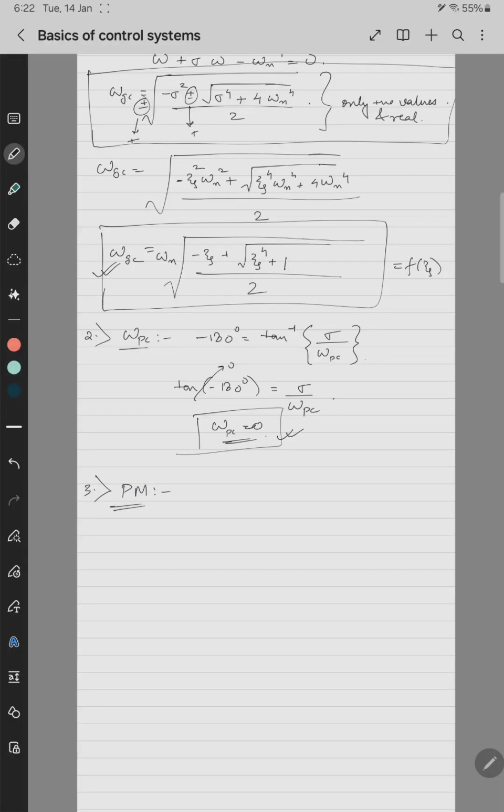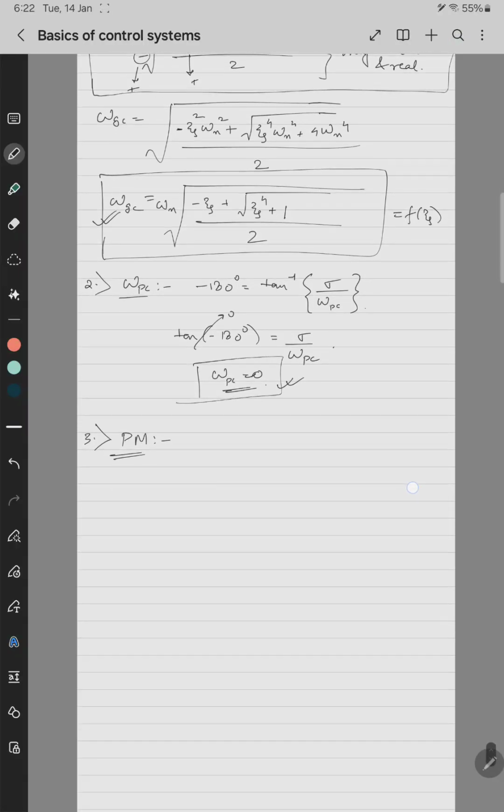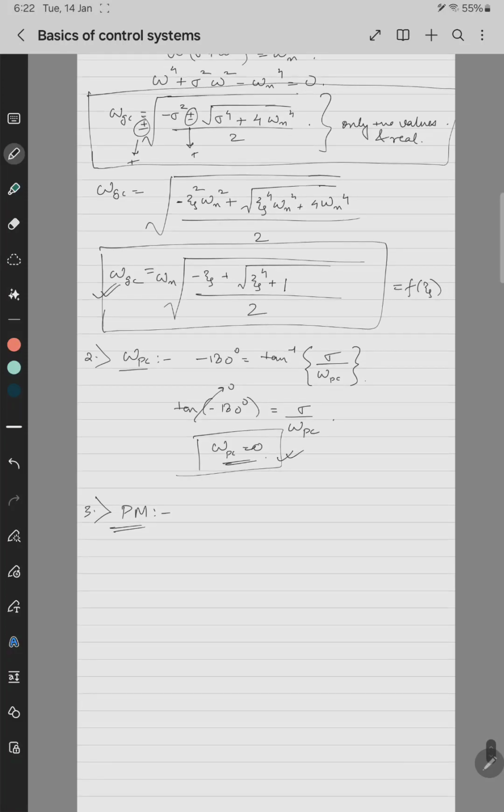Phase margin is the angle at this plus 180 degree, that is, tan inverse of sigma by omega gc plus 180 degree.